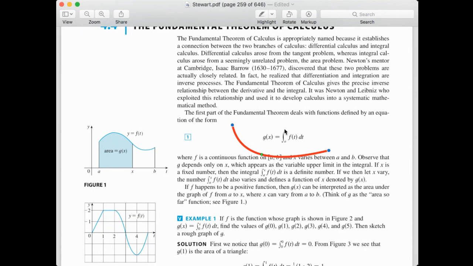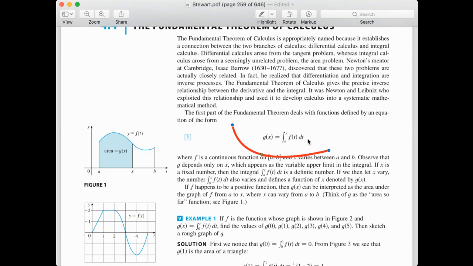So this means the upper limit is not defined yet. It's a variable. But the lower limit a is a number. Then the integrand is f of t, and the integral is with respect to t, dt. So the integral and dt are a pair.